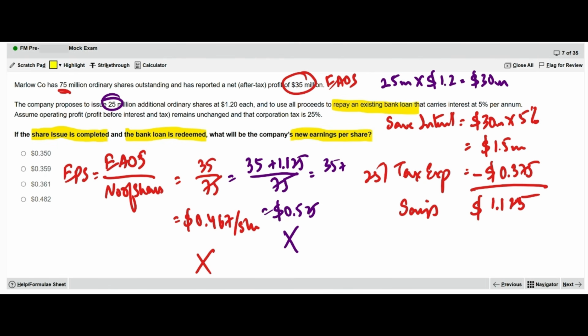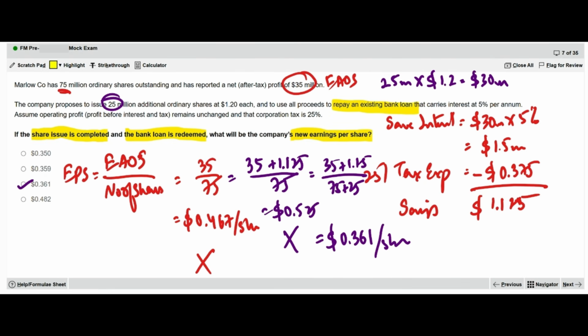So 35 plus 1.125 divided by 75 plus 25 would give me the answer as 0.361 per share, and it tends to be the third option. The third option is the right option, and this is after the issue of the share. Not only is the share issued, but the bank loan is redeemed.